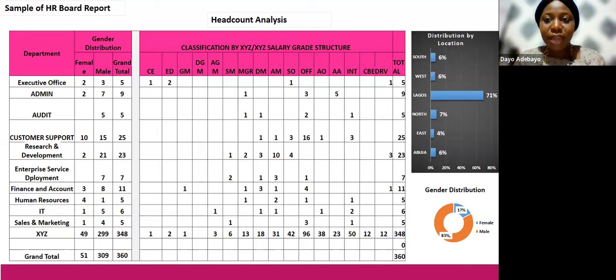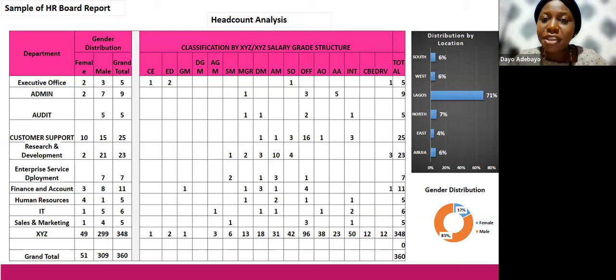So I'm giving them my report now. In executive office, those are the salary structure. For example, executive, I'm talking about chief executive, your ED, your general manager, that's the GM, or the DGM, the AGM, the senior manager, the assistant manager, then the senior officer.